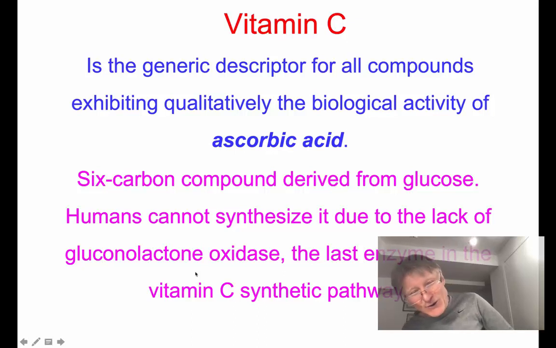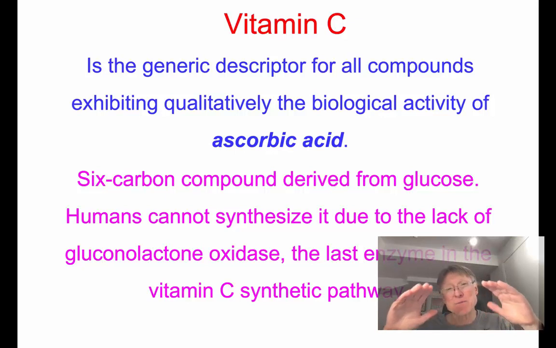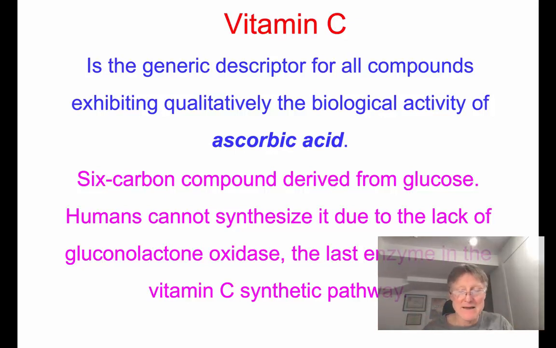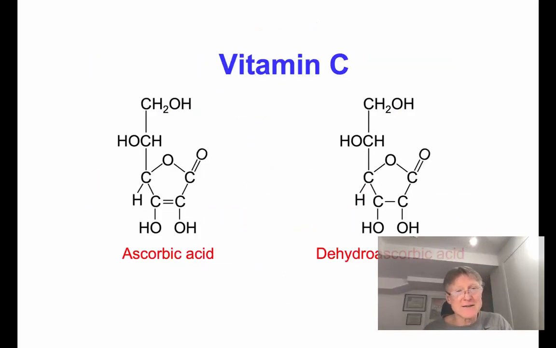gluconolactone oxidase, which is the last enzyme in the process of making vitamin C. So we need to get it from the diet because it's not produced, we cannot make it. And if you look here, the molecule, as you can see, resembles glucose. This is ascorbic acid on the left side, and this is the dehydroascorbic acid on the right side.